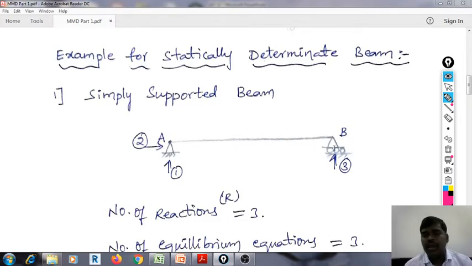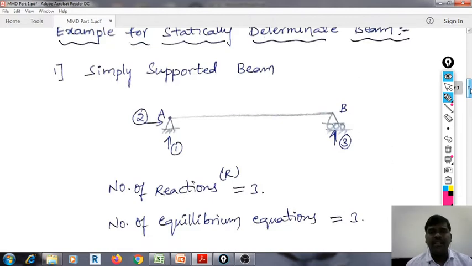And at B, it is a roller support, having only one reaction. So the number of reactions to be found out here is 3: 1, 2 and 3.